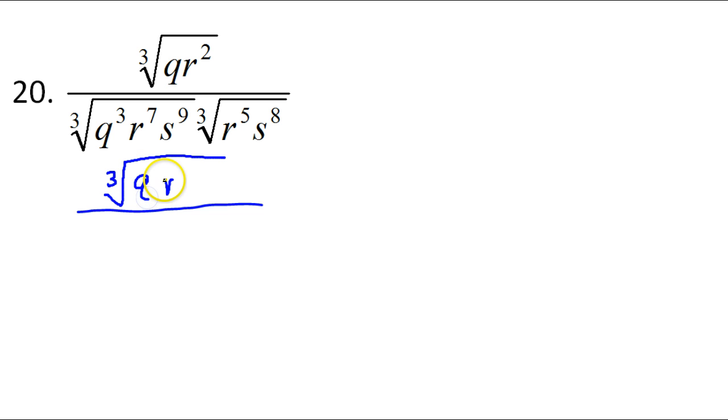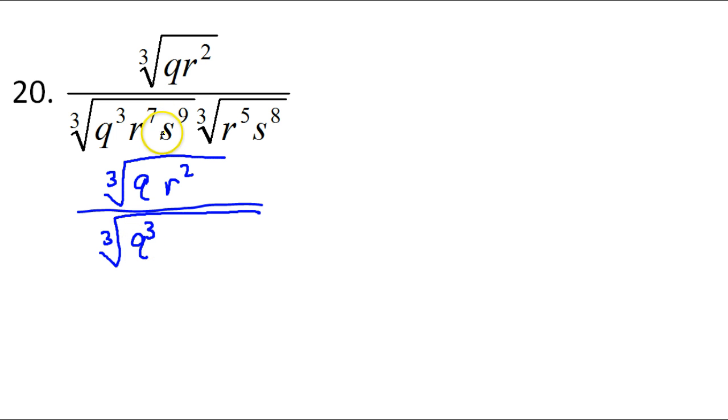of qr squared. Alright, I just copied it. Now in the denominator, I'm going to put this together in one expression. So first of all, the q's, q to the 3rd power. Well, there is no q over here, so I'm just going to copy that down. Q to the 3rd power.